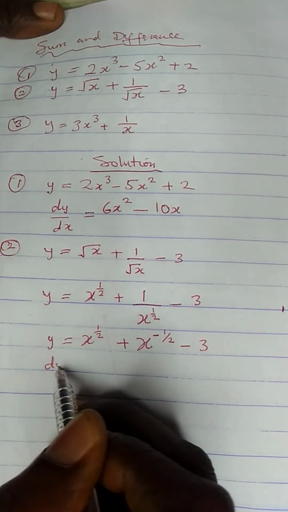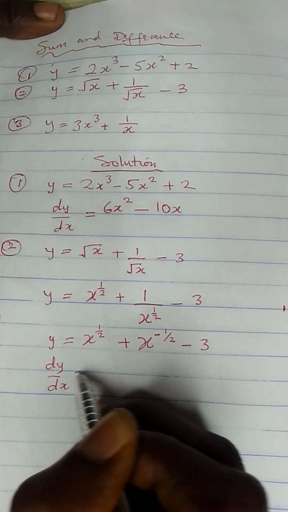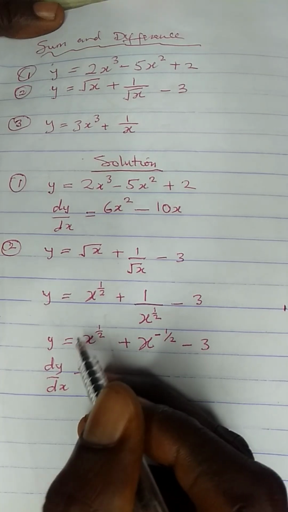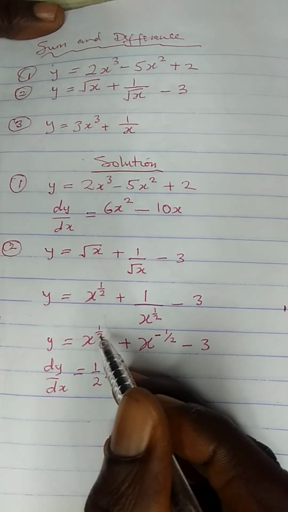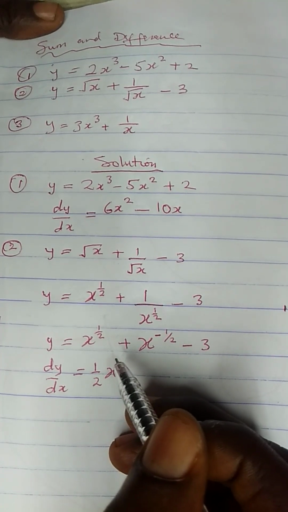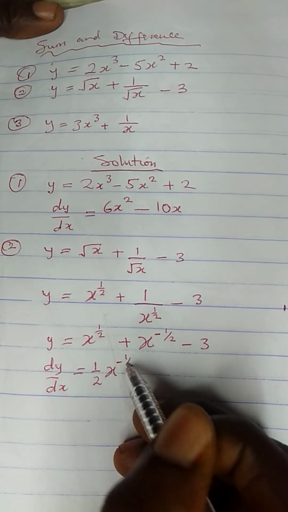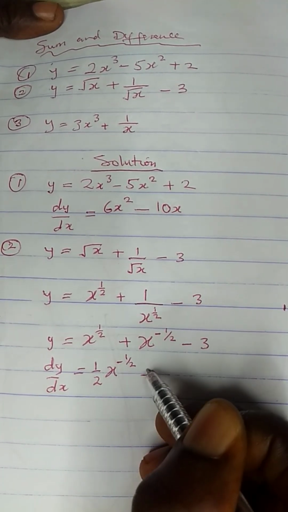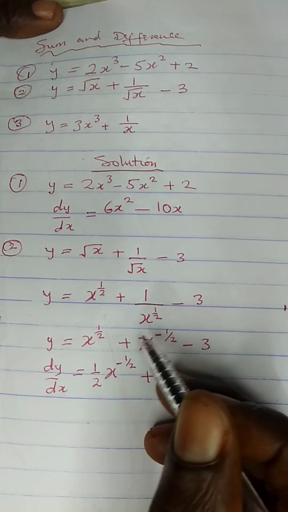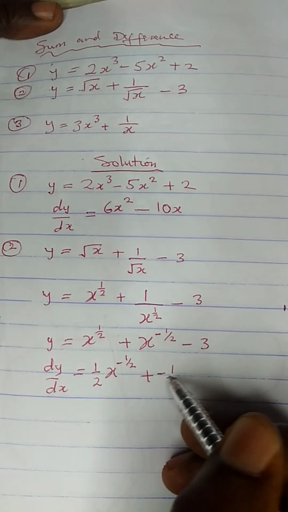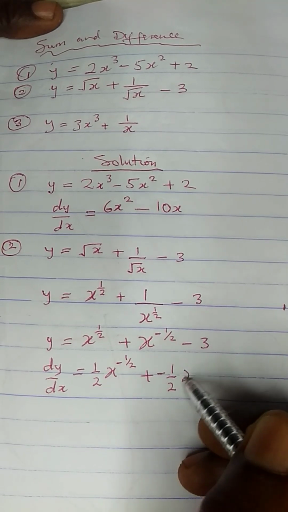So our dy all over dx equals, the power here is half times 1, here you have half x. From the power, half minus 1, you are going to be having minus half, plus the power here is minus half. Minus half times 1 here will give us minus 1 all over 2x.